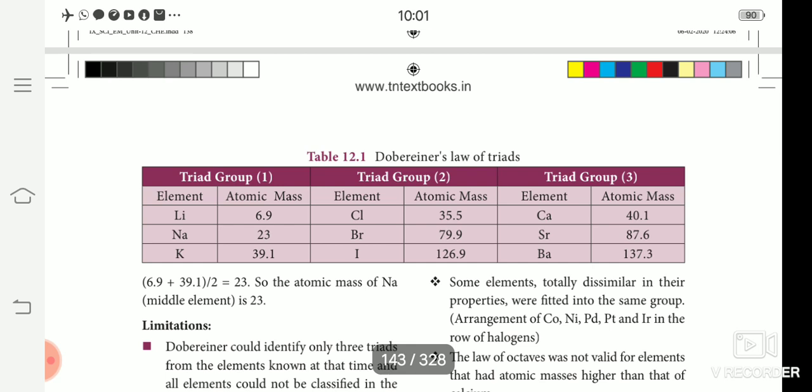Then triad group 3: calcium Ca, strontium Sr, barium Ba, with atomic masses calcium 40.1, strontium 87.6, barium 137.3. So he arranged the elements into groups containing three elements.